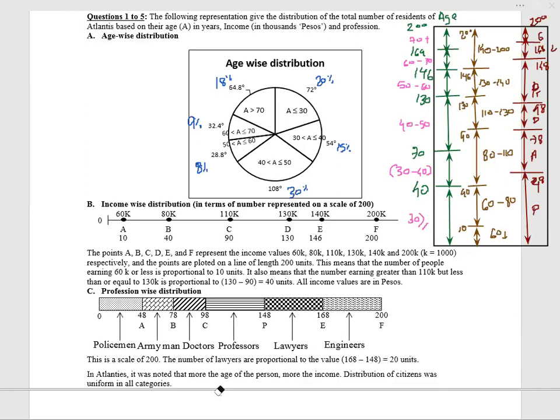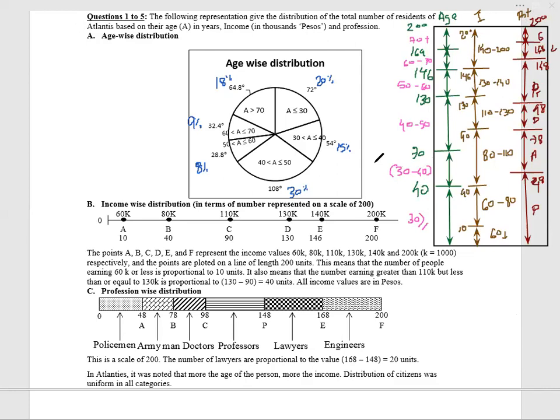Green is for age. Brown is for income. And red is for profession. So I can see below 30, there are 40 people out of 200.